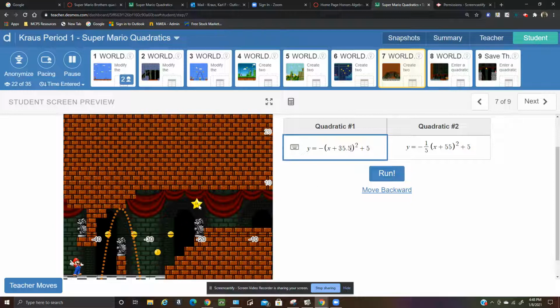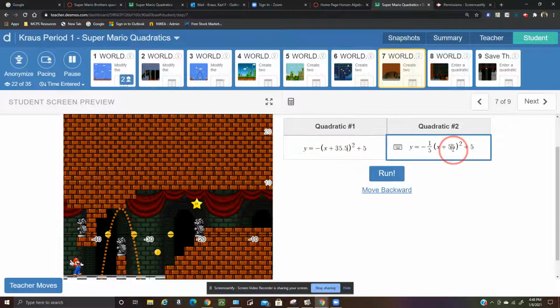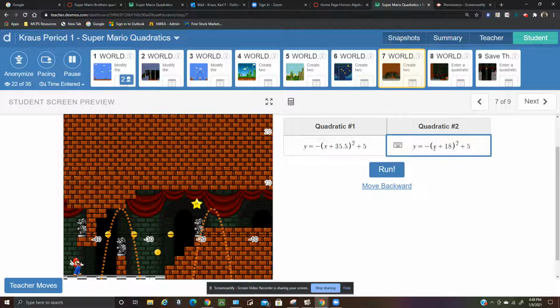And then this vertex is at like negative 18, 5. Let's just do this. That's negative 22, 5.